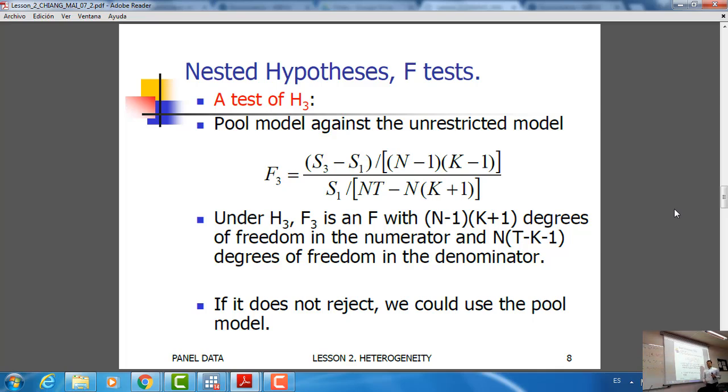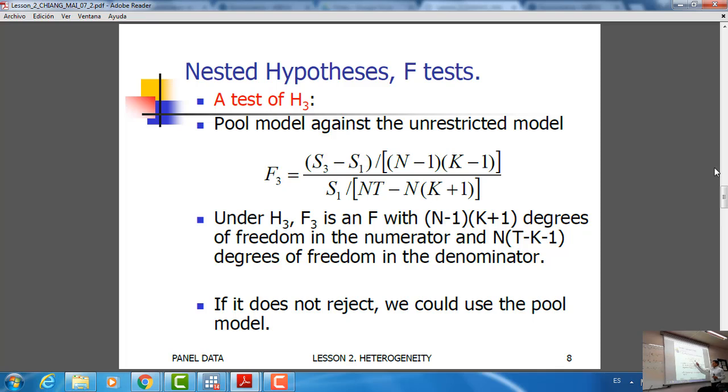So S3 is a restricted model, and we are going to compare its sum square residuals with the sum square residuals of an unrestricted model called S1. You can check, because you have all the material in front of you, which is S3 and which is S1, so you can follow and don't have to be looking at me. You can look on the computer also.